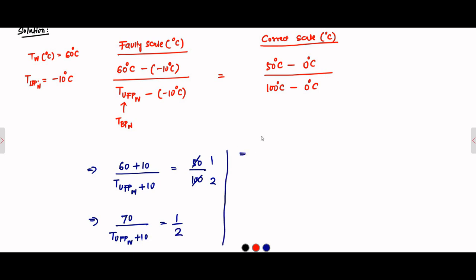That implies TUFPW plus 10 is equal to 140. Okay, cross multiplication we have done.